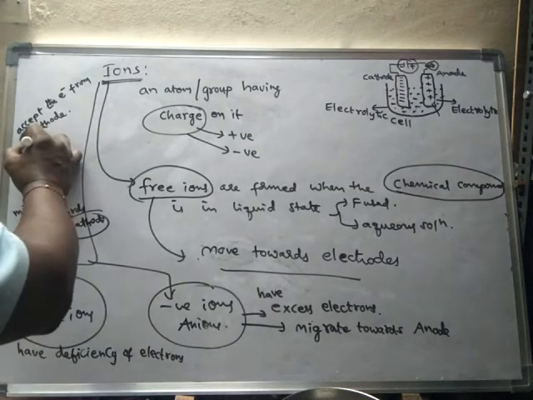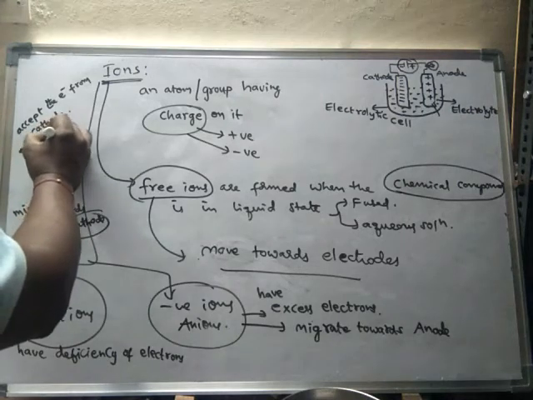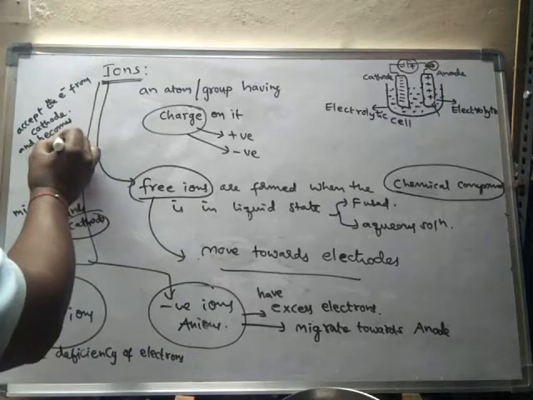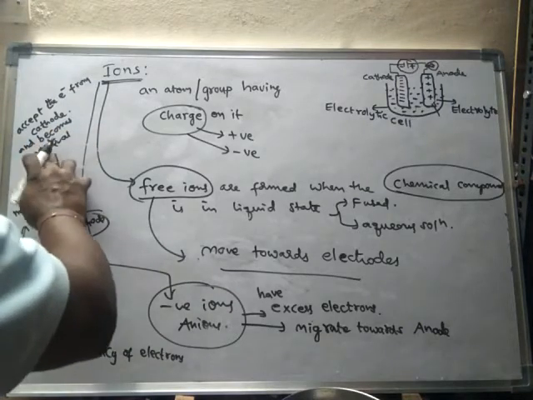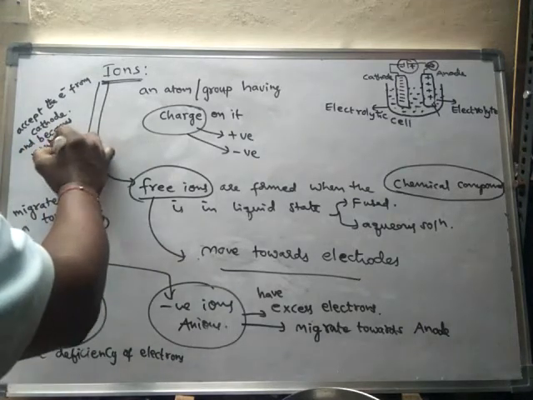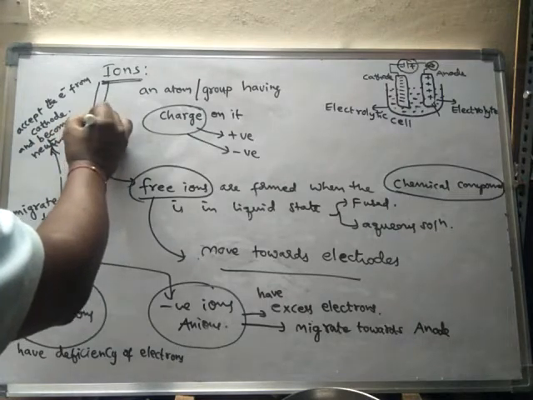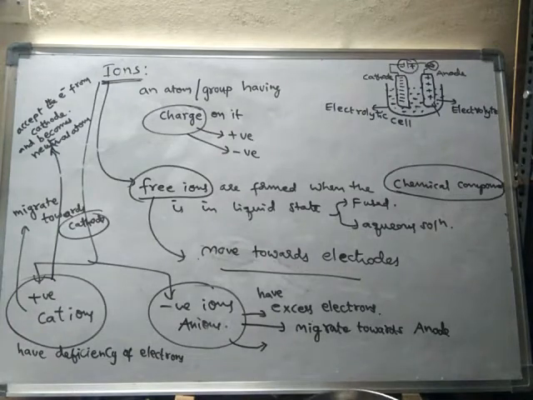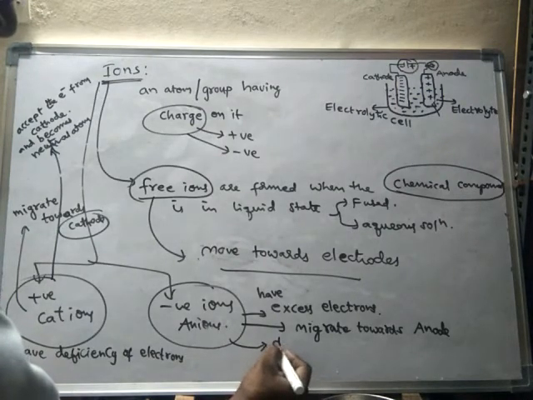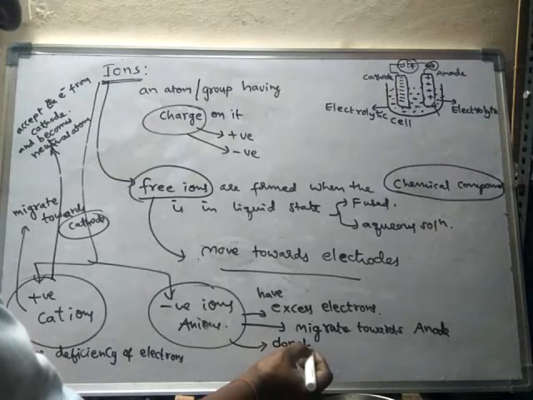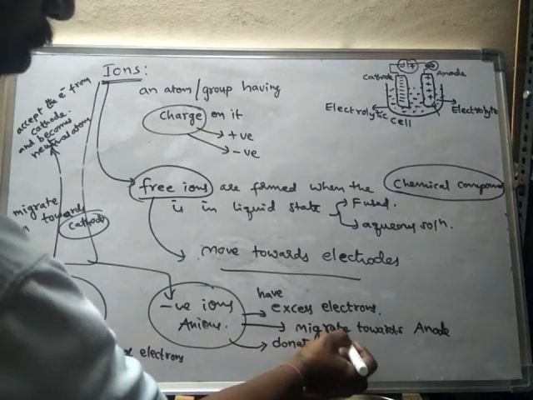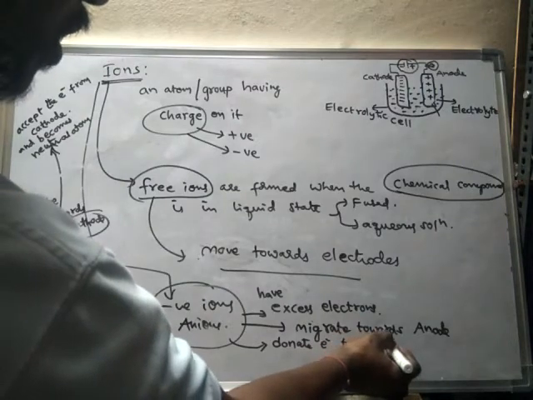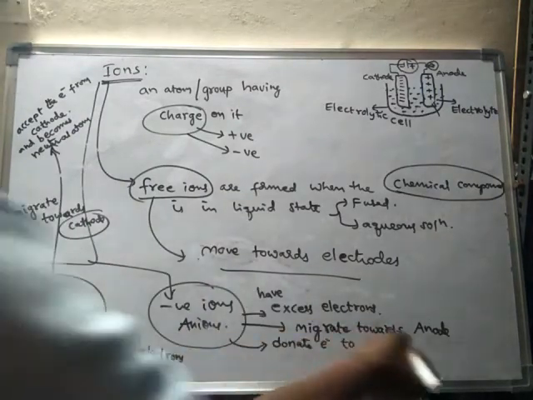Whereas an anion will donate electrons to the anode, and become a neutral atom.